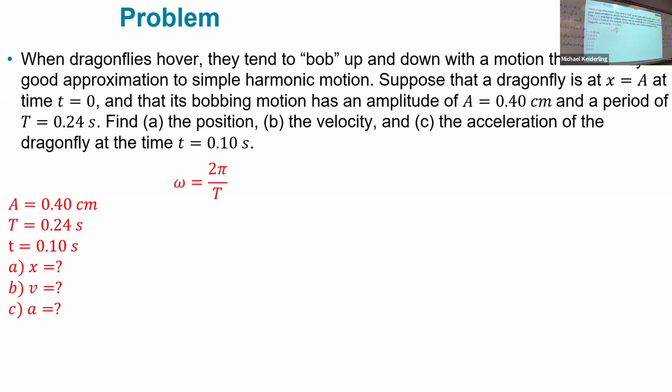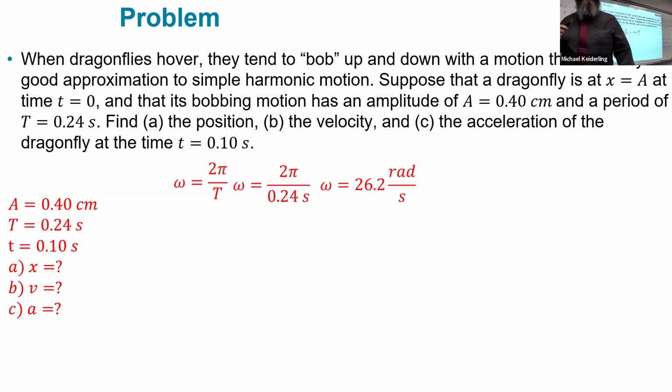So omega is going to be 2 pi over the period. That's 2 pi over 0.24 seconds, or 26.2 radians per second. Sometimes it helps to think of them as radians per second just because it keeps you in the right mindset.